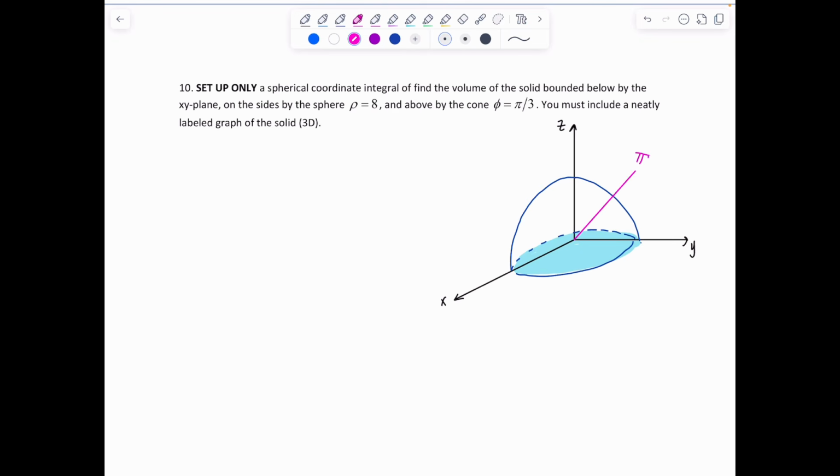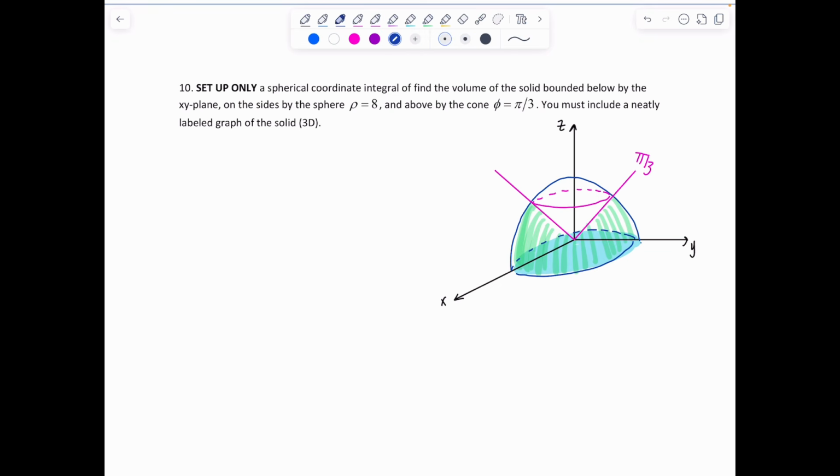So say this is pi over 3. This is bounding the solid above. So the cone is above the solid. It kind of looks like a bundt cake. So imagine you had a dome and someone came and cut a cone out of it. Okay, some sort of bundt cake. And we are in spherical.